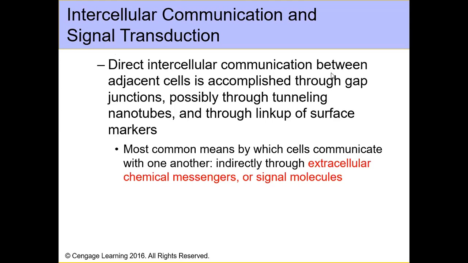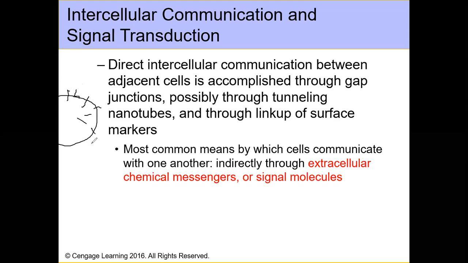Alternatively, if it is not through the gap junction, it could be through surface markers. Each cell is unique. It has a given number of markers. You may have proteins, glycoproteins, lipids, and all that, and they are all protruding from the surface of the cell. These are very unique.